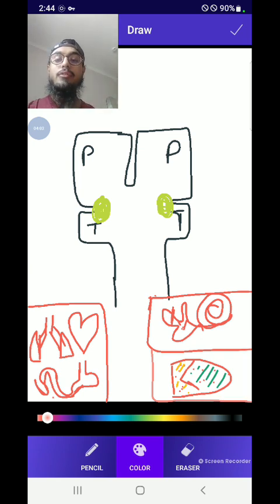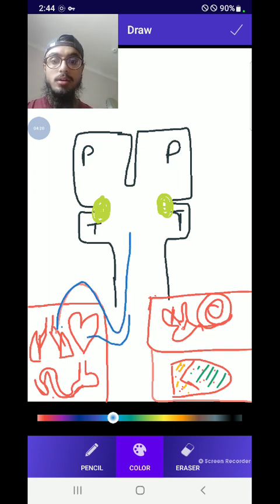So what are the functions of the insular cortex? The insular cortex receives information from three regions of your body. First, your viscera, your organs: from your lungs, I draw in blue color, from your heart, from your GIT.